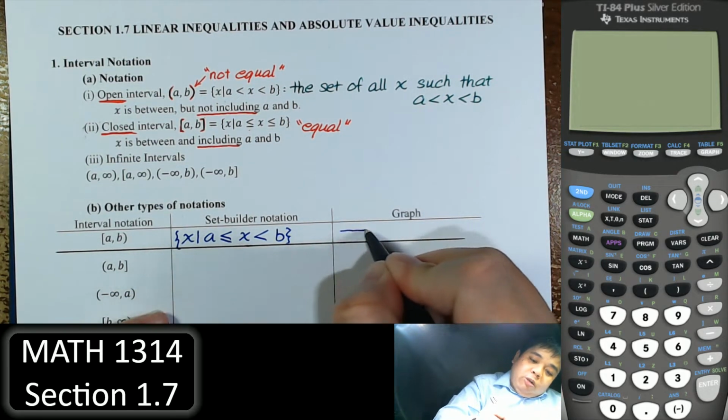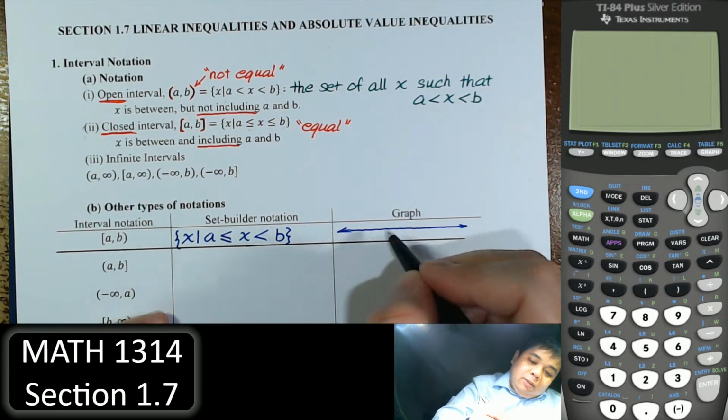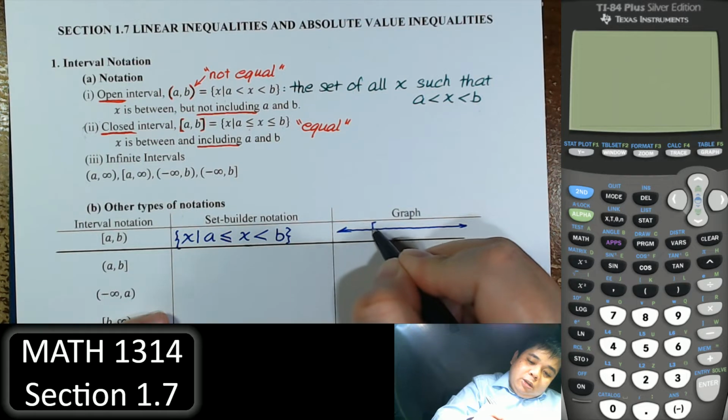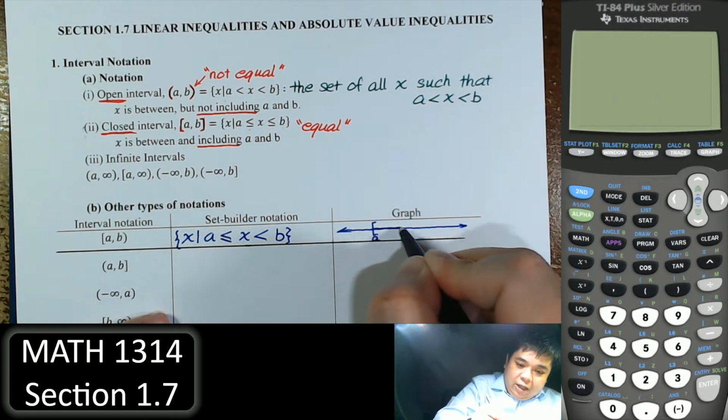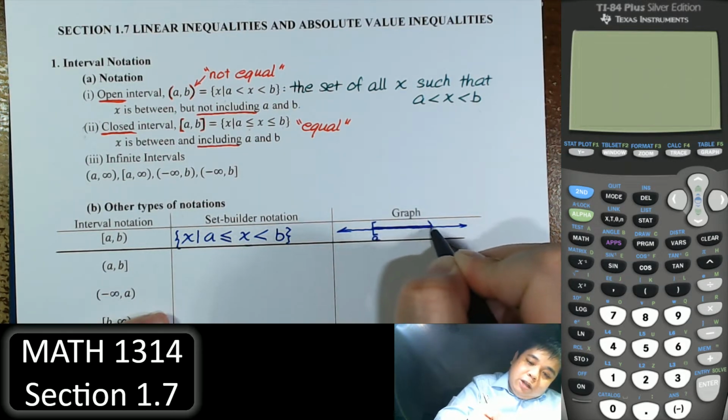And if we draw the graph, just use the bracket at a and parentheses at b.